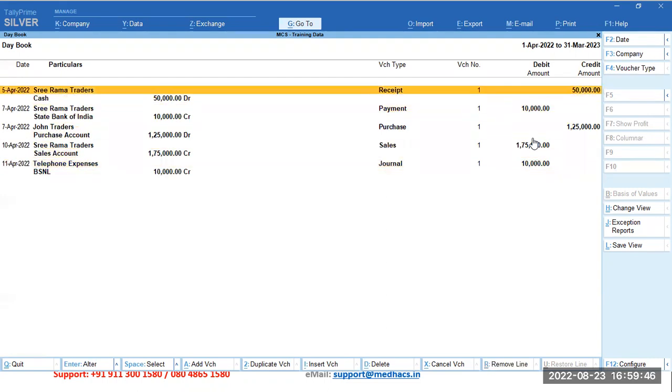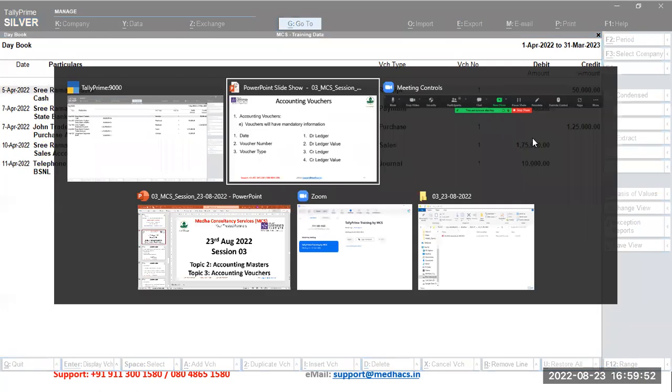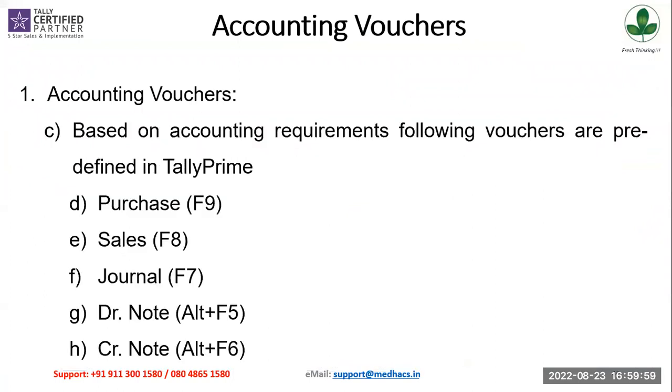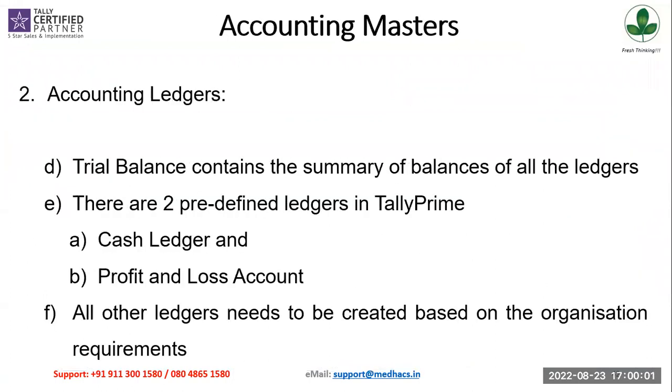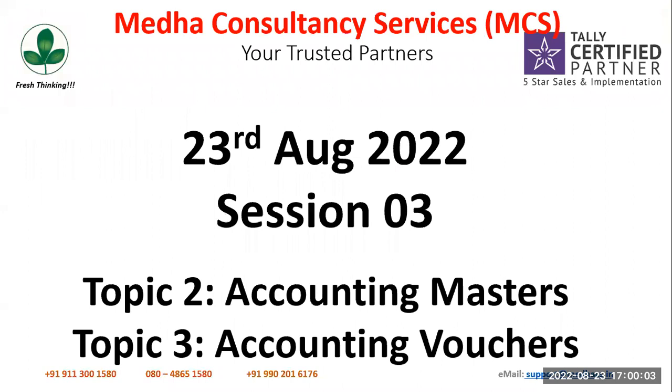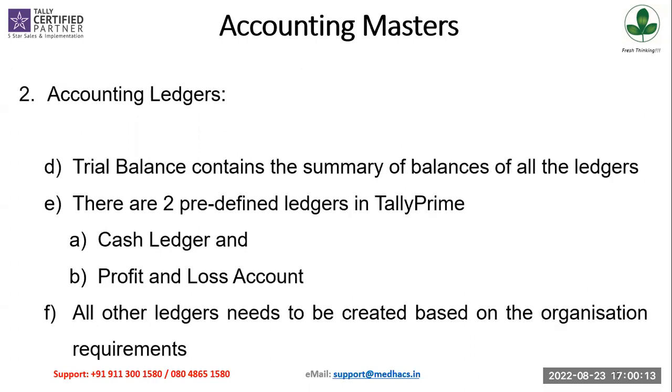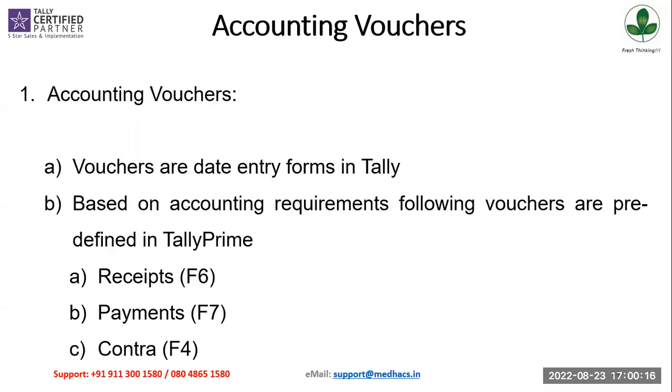Is this clear? Okay. If you have this basic understanding, then we can further continue with our other topics. Today we have covered accounting masters and accounting vouchers: how to create masters, groups and ledgers, and how to update the opening balance.